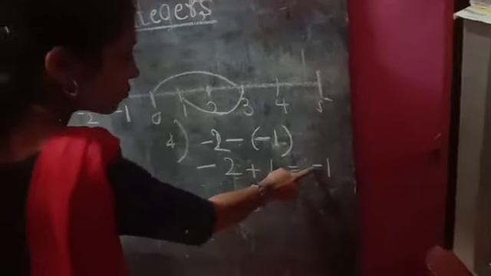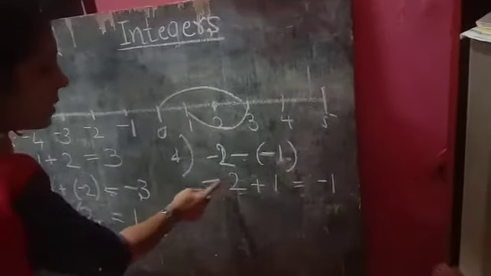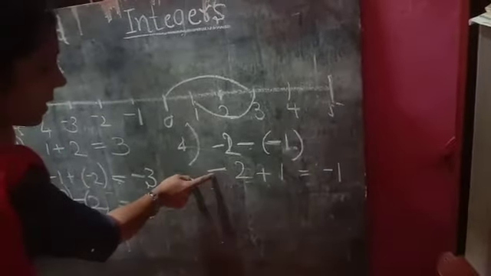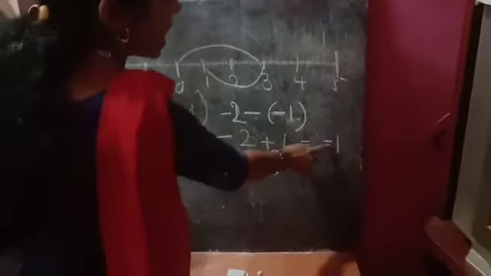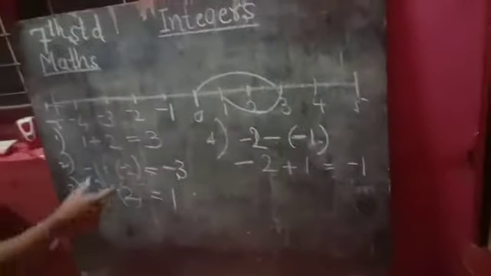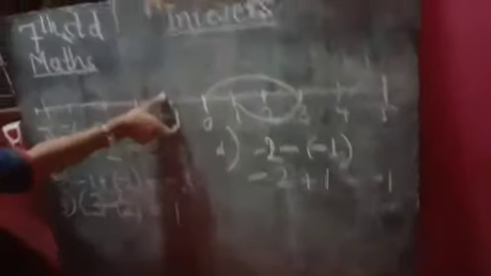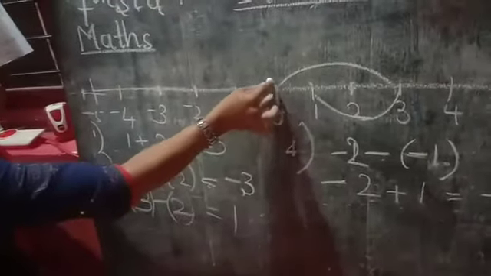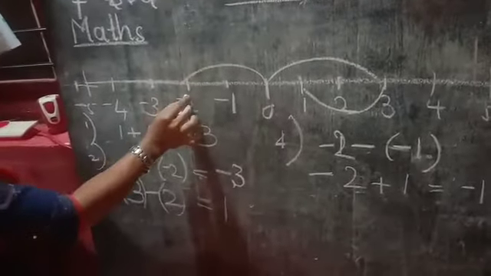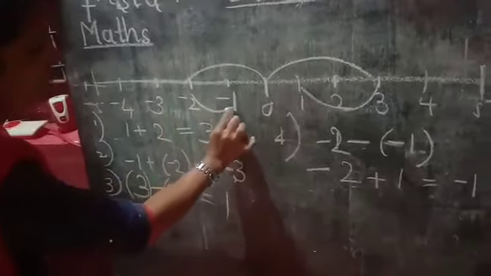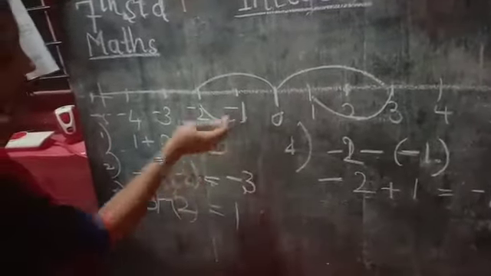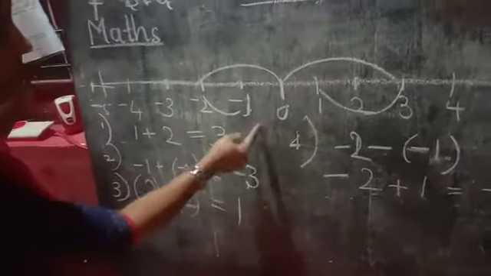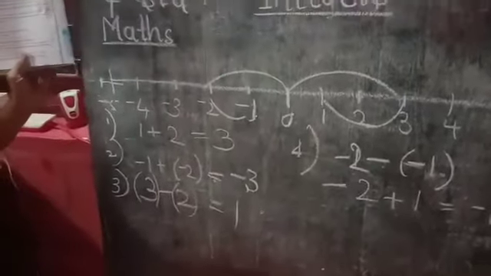So here it is minus 1 because behind the biggest number, 2 is the biggest number, my negative sign is there. So I am writing the negative sign here. So we are moving towards the right. Here you can see minus 2 plus 1. We are moving to the right side here now. We can't go this side. We have to go back to the right side. So answer is minus 1.